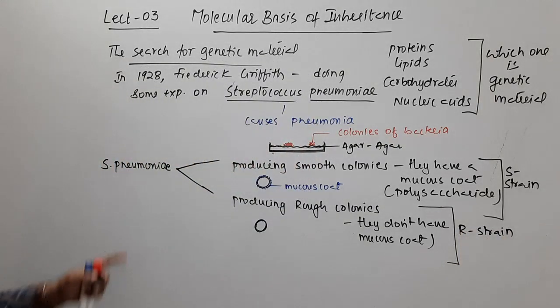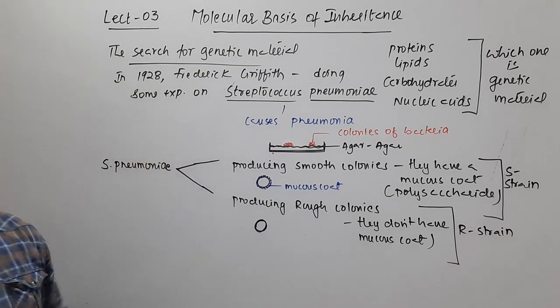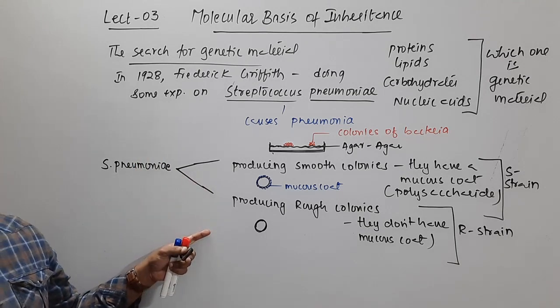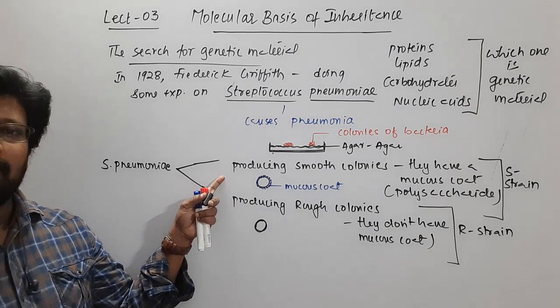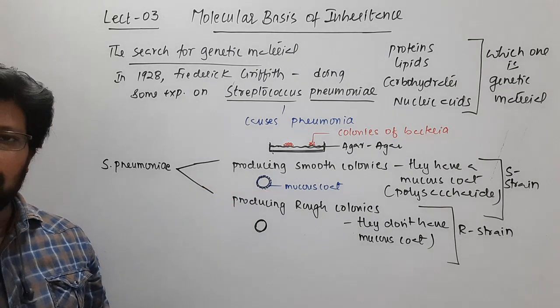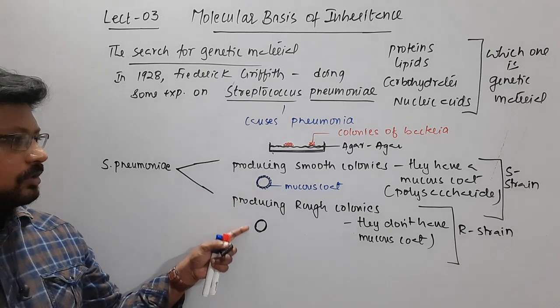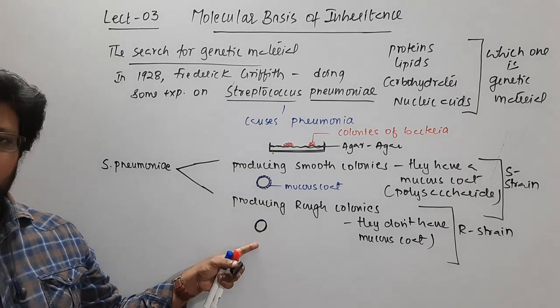So when Griffith was doing experiments on Streptococcus pneumoniae, he found two strains. One strain shows smooth colonies due to the presence of the mucus coat, and the other variety does not show that smoothness due to the absence of the mucus coat.